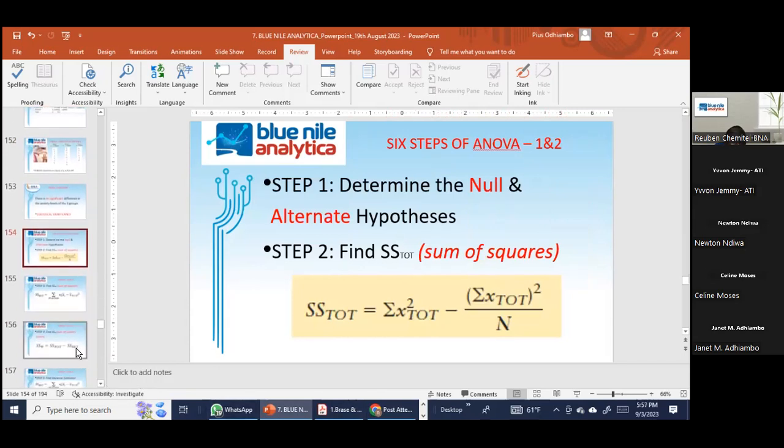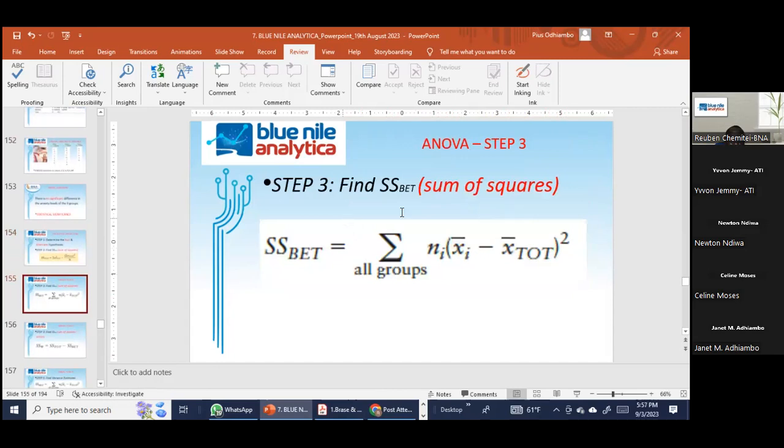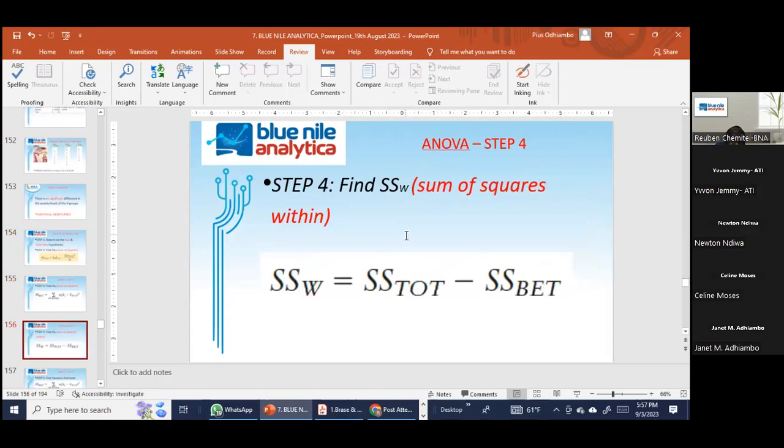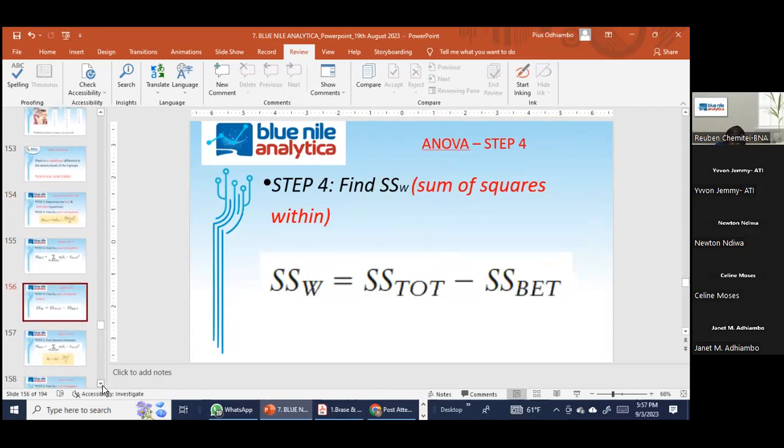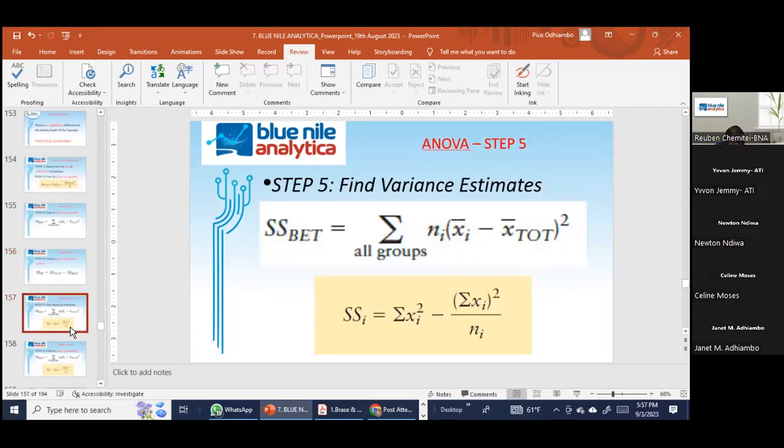I don't want to go deep into that. Now that's steps 1 and 2. In step 3, we find the sum of squares, but this time between the groups. In step 4, you find the sum of squares within the groups. So we have a number of computations that will happen here.